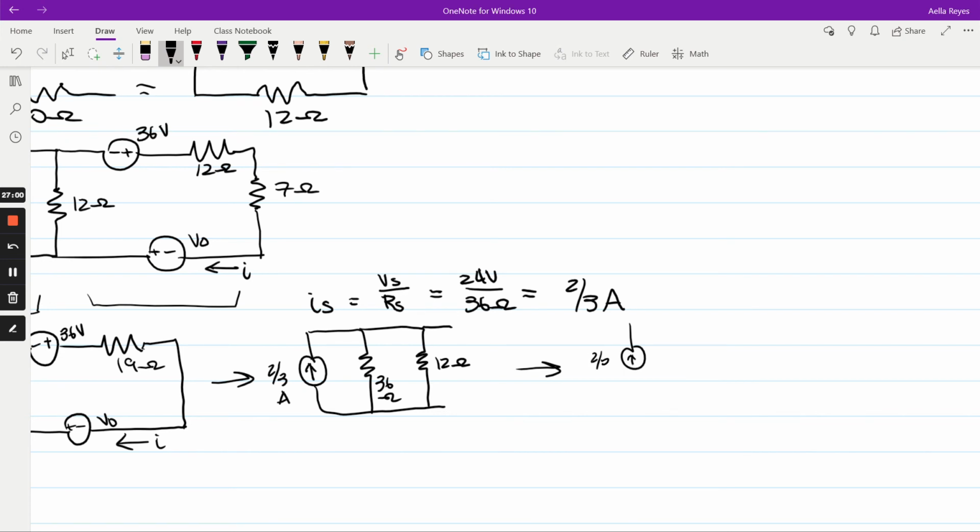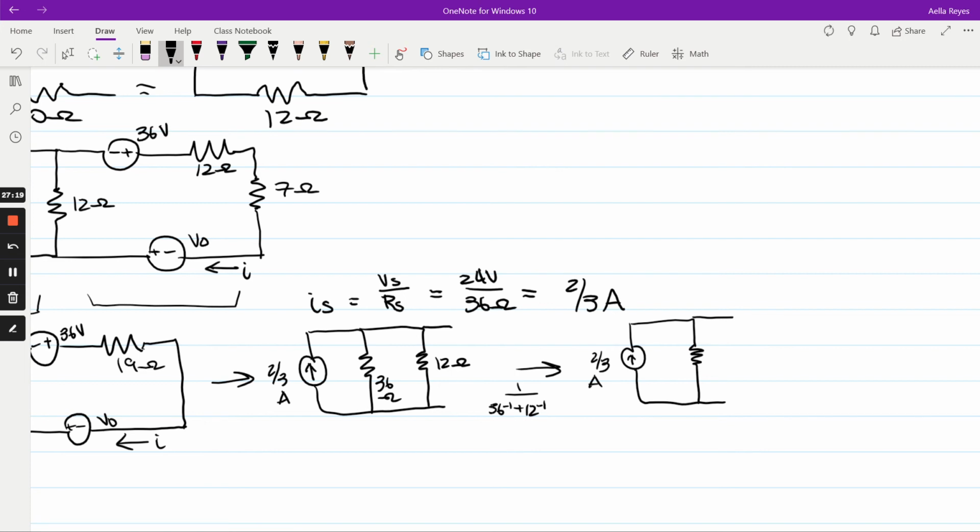So we can add these resistors together now that they're both in parallel. It's just going to be the inverse of the sum of each of their inverses. This is how I do it.